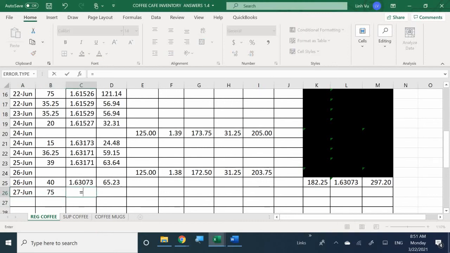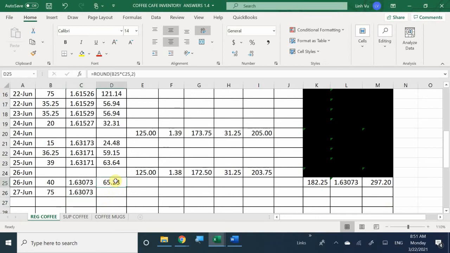And it's going to be at $1.63. Okay. So then what is my grand total for my cost of goods sold? 122.30. Then let's go ahead and update our inventory.